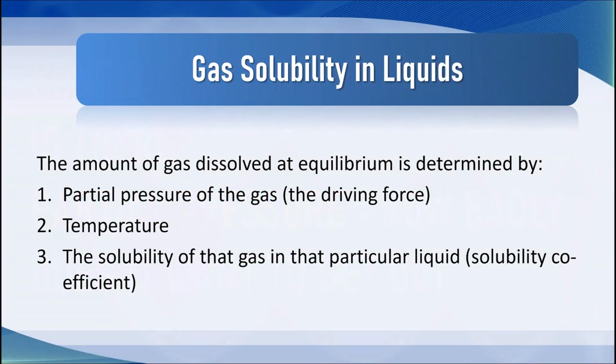The amount of gas dissolved at equilibrium is determined by the partial pressure of the gas, the driving force, the temperature, because warm liquids hold less gas than cold liquids, and the solubility of that gas in that particular liquid, its solubility coefficient.